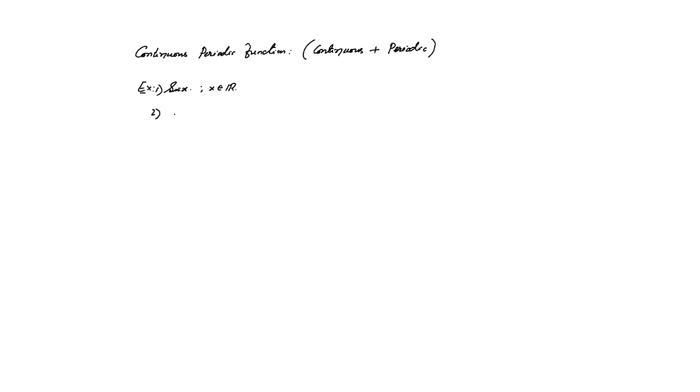Another example: if we take f(x) equals cos x, x belongs to R, this is also a continuous and periodic function. Now, if we think about continuity, first recall the definition of continuity.